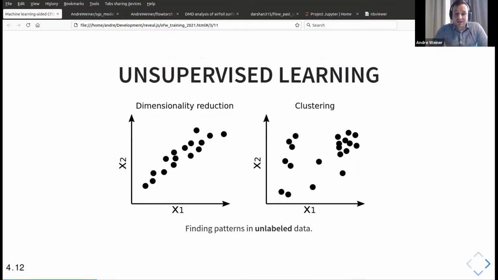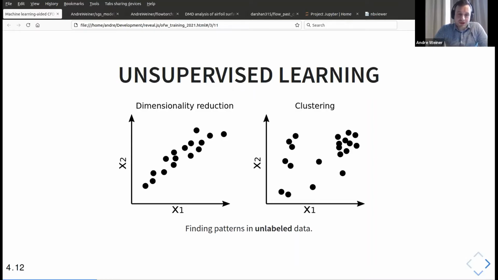All right, the second large group of algorithms falls into the category of unsupervised learning. And in unsupervised learning, there are two subclasses. The first one is dimensionality reduction, and the second one is clustering. So in dimensionality reduction, we have unlabeled data, for example, the point cloud that you see here on the left, represented by two features, x1 and x2.